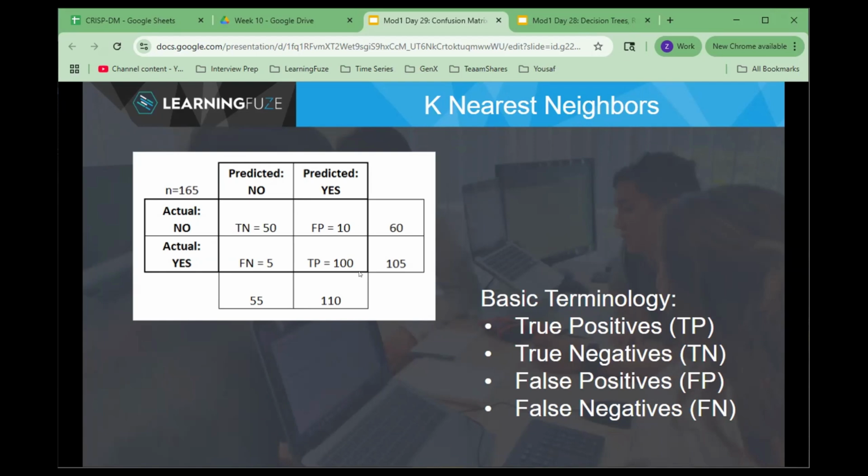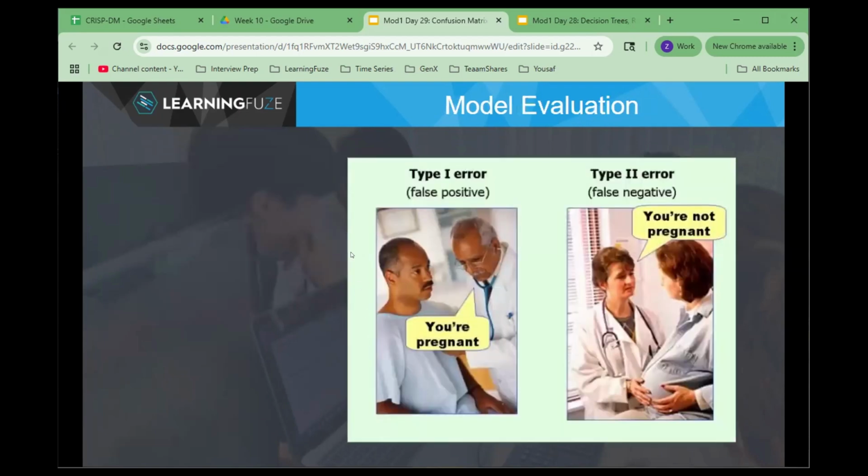Okay. Once you have these true positives, true negatives, false positives, and false negatives, there is a concept called type 1 error. Type 1 error is basically false positives. A false positive is when you are telling somebody something that they are not.